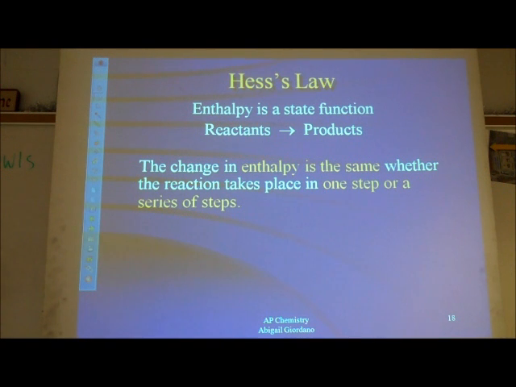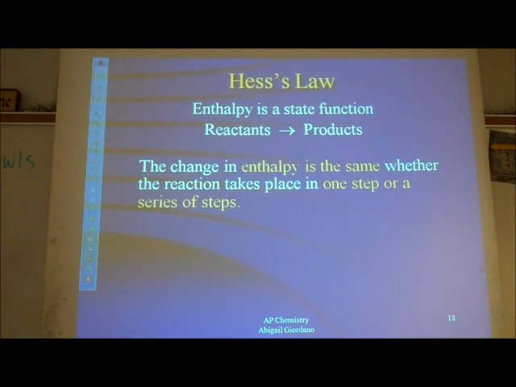Before we even talk about what that means, I want you all to be aware that many chemical reactions that you see in the lab, out in nature, whatever, do not occur in just one step. A yields B. Most reactions do not occur in one step.